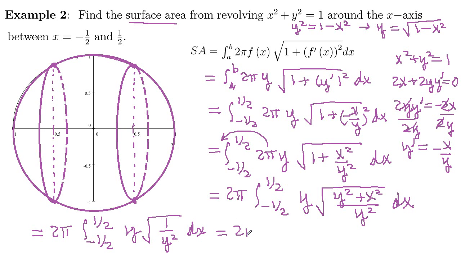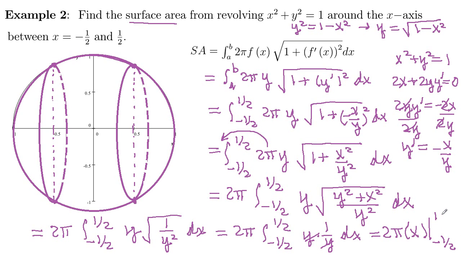So this is just 2 pi, integral from -1/2 to 1/2. We've got a y, and then this is 1 over y, and we're integrating dx. And the y's cancel. We're just doing the integral of 1. That's no problem here. So we've got a 2 pi out in front, and the antiderivative of 1 with respect to x is x, and we are evaluating that from -1/2 to 1/2.